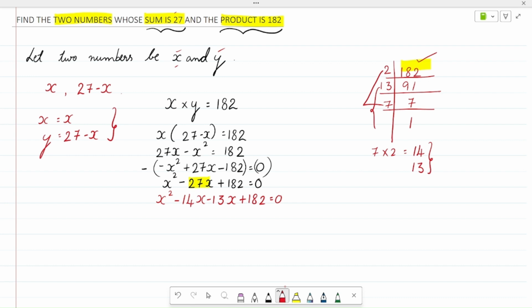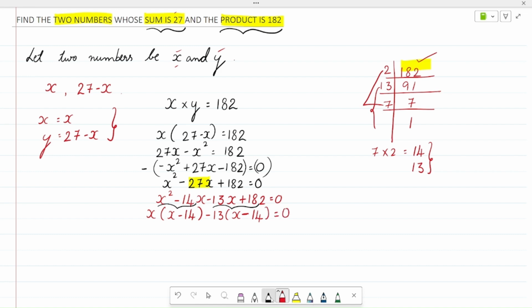That's very important. Now I can go ahead with grouping. Here, if I consider these two, x is common, I'm taking it out, and I'm left with x minus 14. Similarly, when I consider these, negative 13 is common, and I'm left with x, and negative times negative gives positive, so minus into minus 14, and 13 times 14 gives me 182, which is equal to 0.